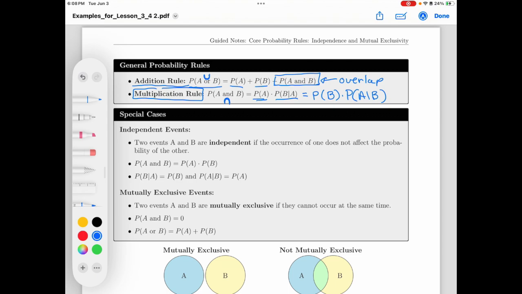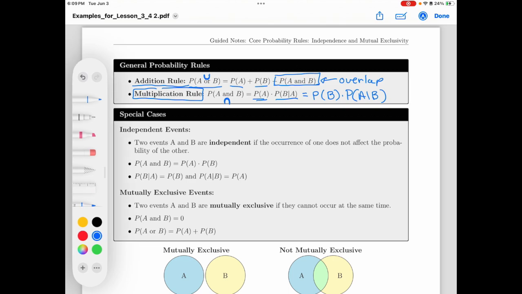You flip a coin and then you roll a die. The result that you get when you roll the die is not affected by what happens when you toss the coin. Those two events are not going to affect each other. So that is what you consider conceptually as an independent event.